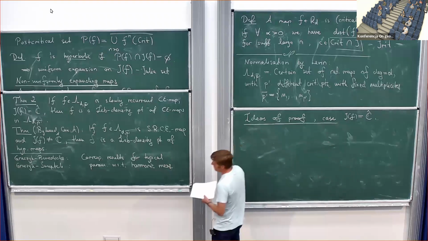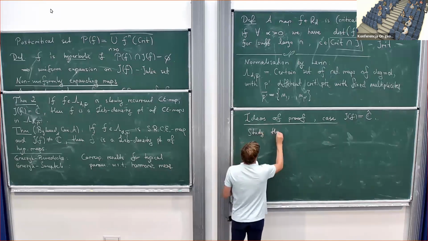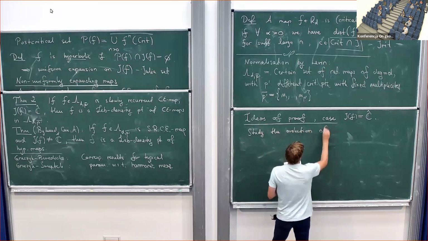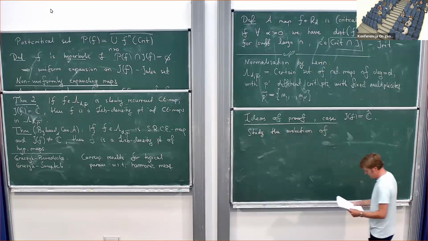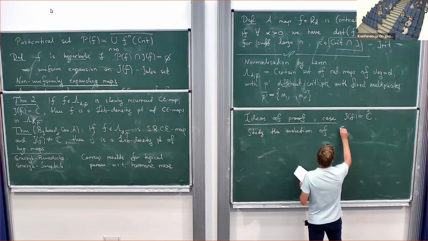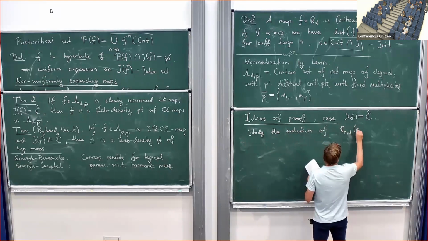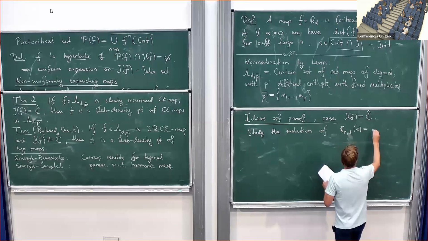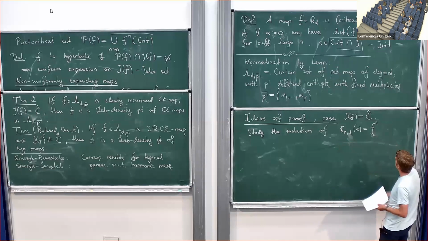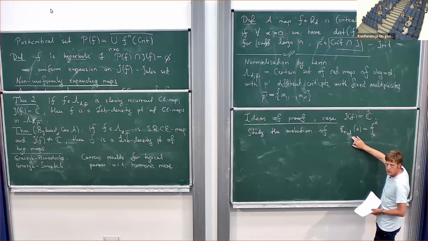The idea is to study the evolution of the iterates of the critical points or critical values, whatever you like, of this function. I call it psi n, l of a. a is a parameter, and this is f a, the nth iterate. l stands for the index of the critical point, which critical point you're iterating.